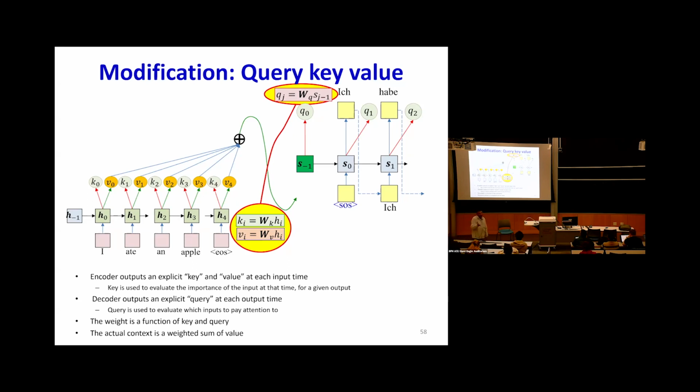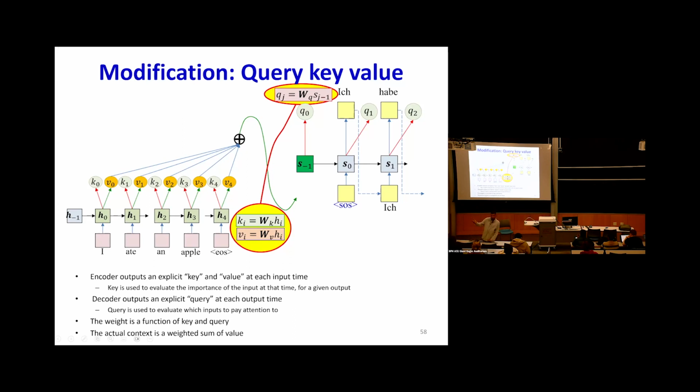And so you're going to use the keys to decide what to pay attention to, but then the actual context vector is computed using the value. So there's this query, key, value decomposition, which is commonly done, that from each hidden state, we compute two terms. One is the key corresponding to that hidden state. The other is the value, and both of these are just linear operations.